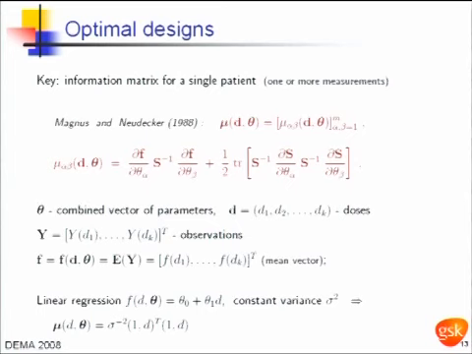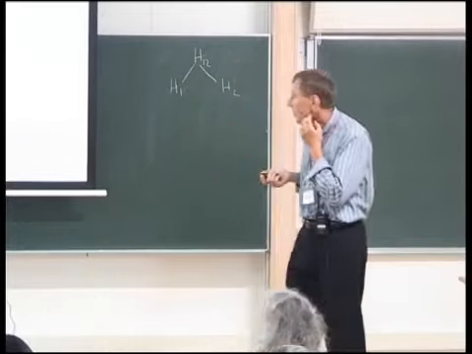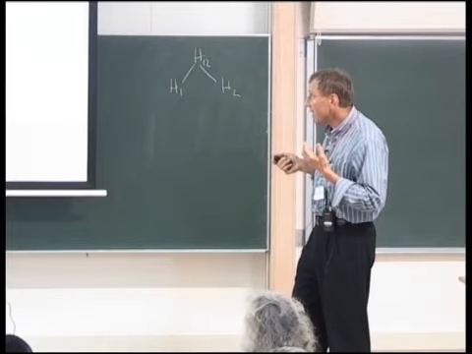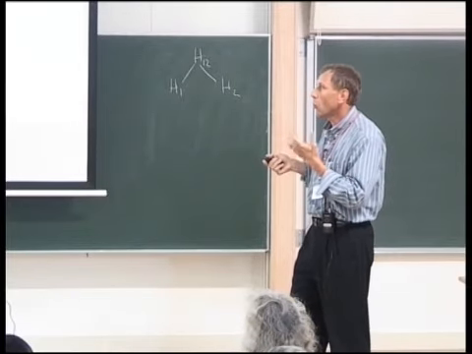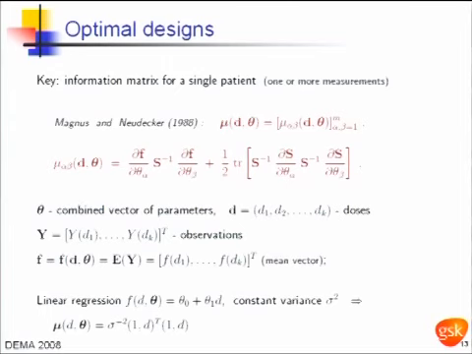And there is work done in our group by Valery Fedorov, for example, and there are some references on that. The key is to find or approximate the information matrix. And if the formula looks a little bit scary, when we have a linear regression with two parameters and constant variance, this formula reduces to the formula which we all know.